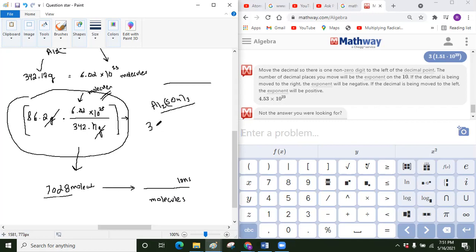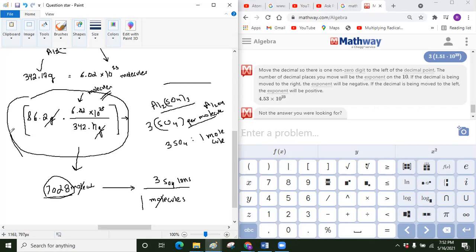So you could say that there are 3 SO4 ions per molecule, and this is of course a ratio per molecule of Al2SO4. You could express this as a fraction so that your molecules would cancel out: 3 SO4 ions is equal to 1 molecule.